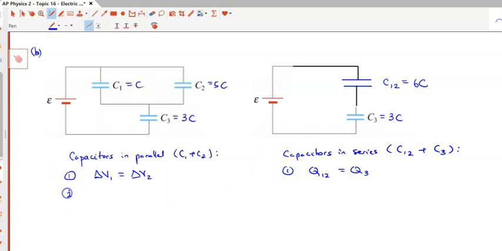Let's go to a second rule here. When you have capacitors that are in parallel, we know that their charges will add up. So imagine that this had just one single positive charge with a negative charge, and this was 5 times that. So I'll put 5 little positive and negative charges on here.